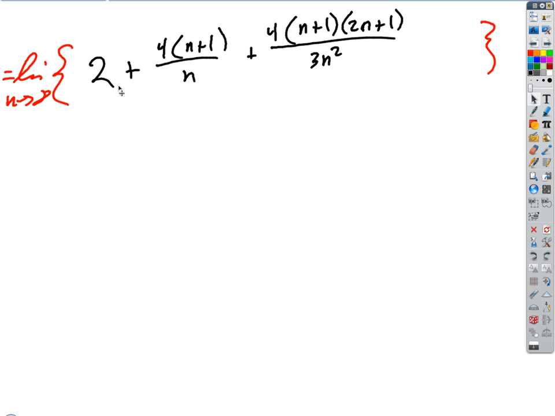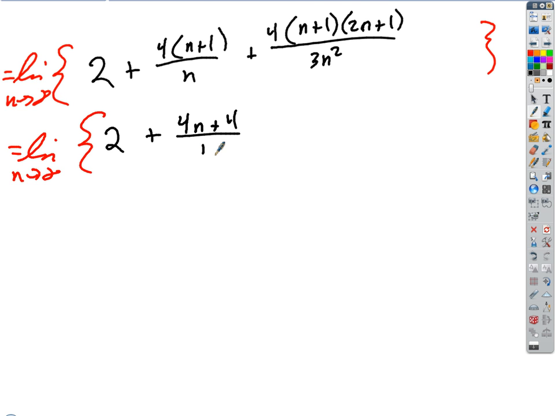So let's go ahead and expand out the tops, right? And that helps. So we end up with the limit as n approaches infinity of 2 plus, if I distribute the 4 on top, I just get 4n plus 4 over n.